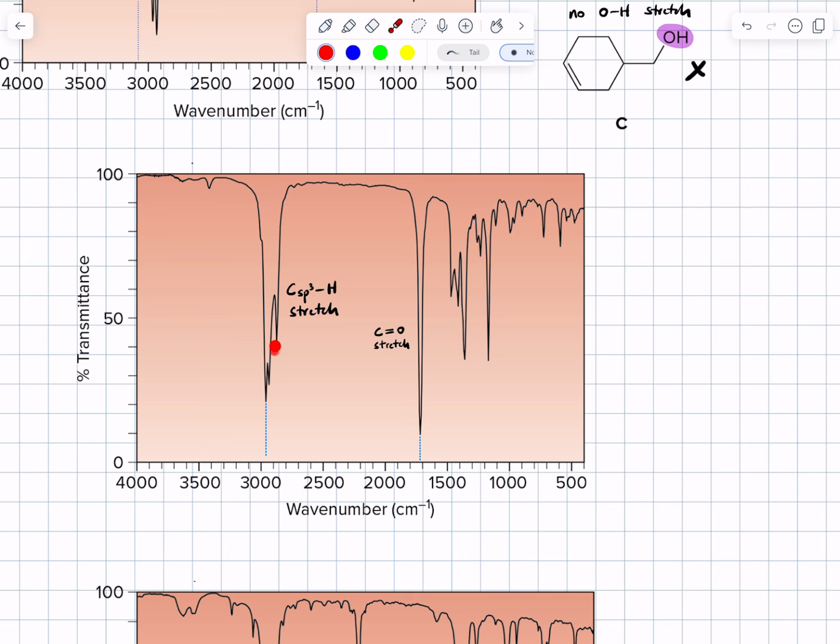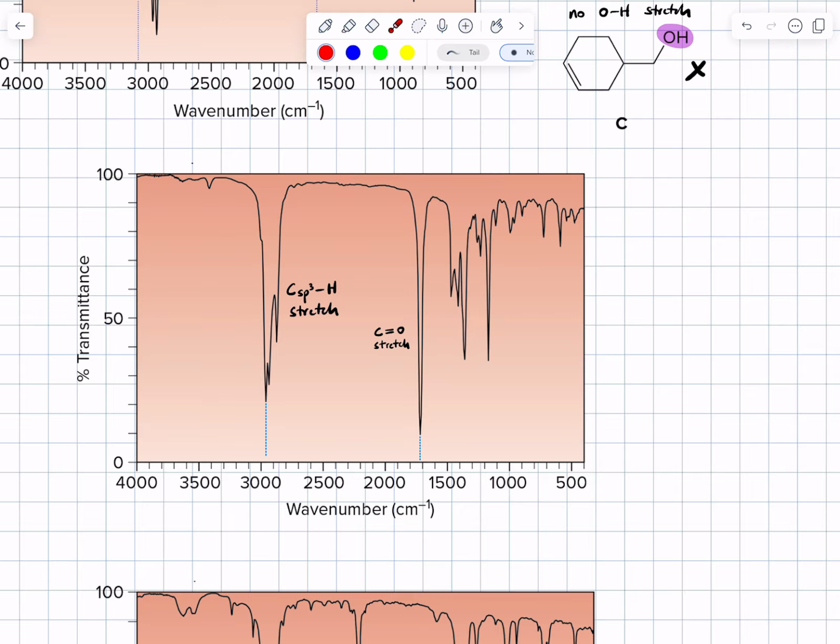The reason it's messy is because there are multiple kinds of sp3 hybridized carbon-hydrogen bonds in this molecule. But then I also see a strong narrow peak at around 1700. This is consistent with a carbonyl peak. So you're looking for a sharp peak at around 1600 to 1800, and that's a good indication that there's a carbonyl.